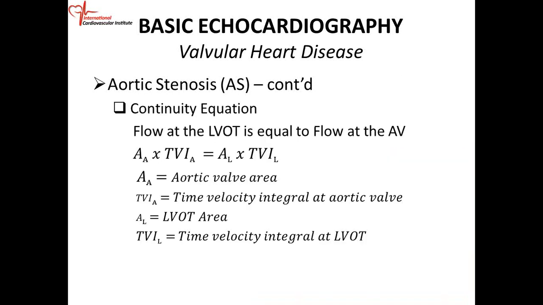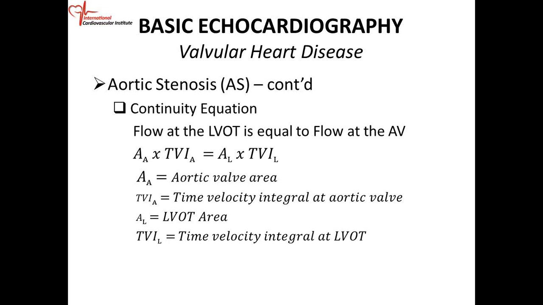And then when we did hemodynamics, we showed you how to derive the equation. We use the continuity equation. The flow at the left ventricular flow tract is equal to the flow across the aortic valve because the blood is going the same direction. There's no leak in the system.